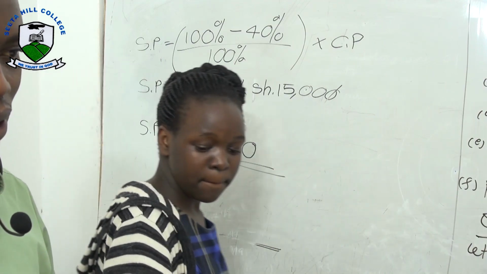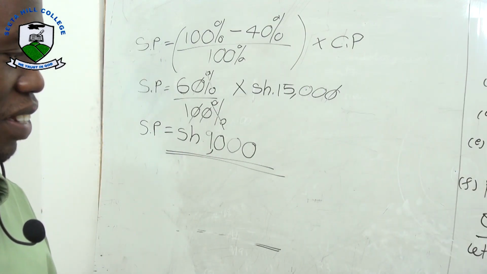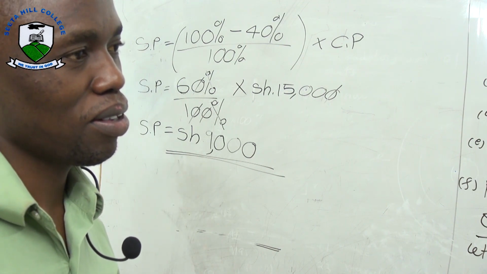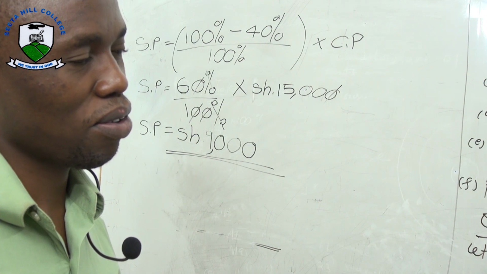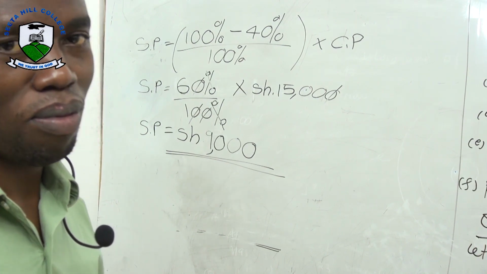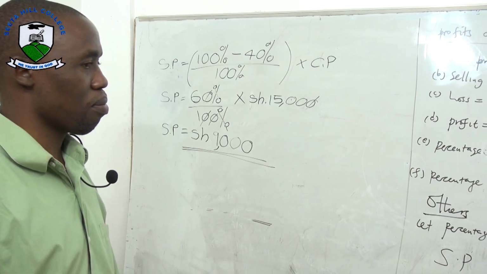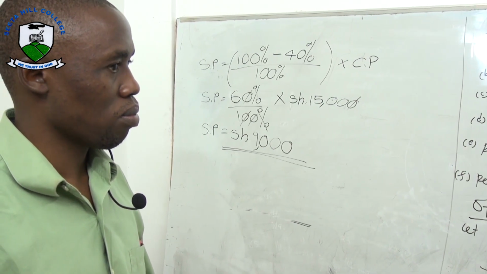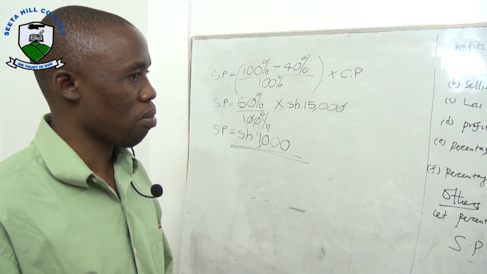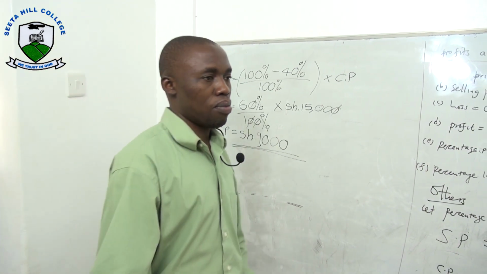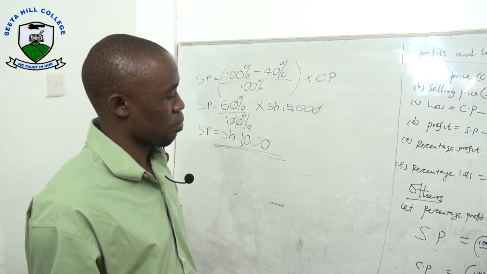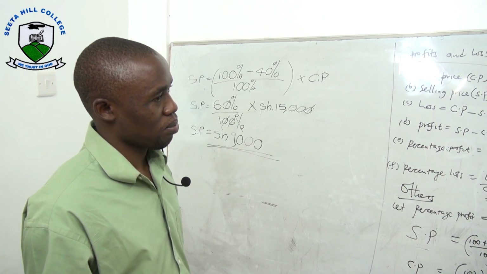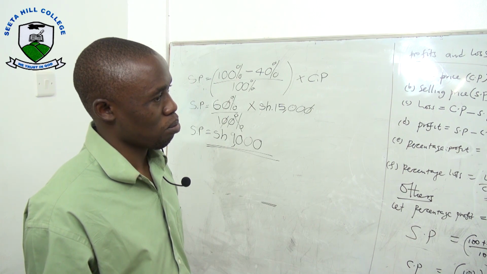I have a question. Where did we get that 100 that we are dividing all that percentage by? The 100% minus the 40%, if it's the percentage, it's all out of 100.